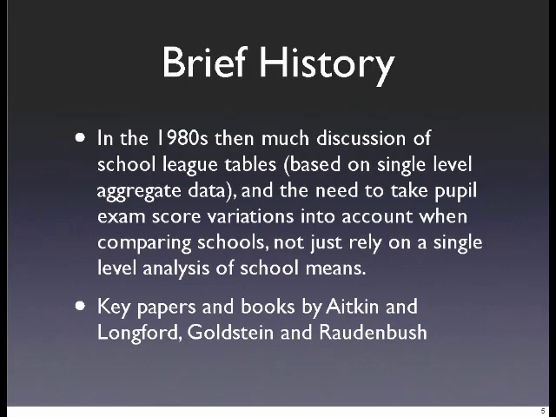So we need to take into account variations, not just by schools but by the pupils within the schools. If you just rely on a single level analysis, you lose some of the information about variation, and that's really crucial. There are key papers and books by Aitkin and Longford, Harvey Goldstein and Stephen Raudenbush on this topic.